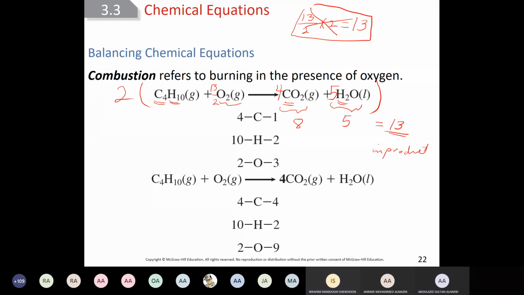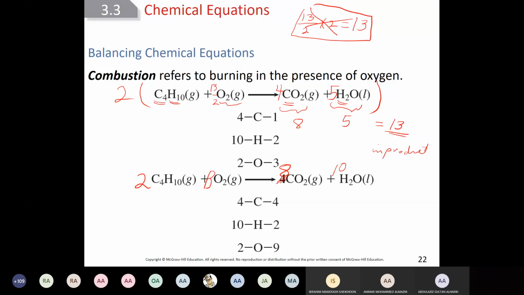So what will be the total equation at the end? Multiply everything by 2. 2 C4H10, then 13 O2, then what's this? 8. And this one? 10. Yes. Now let's go and check everything one more time.